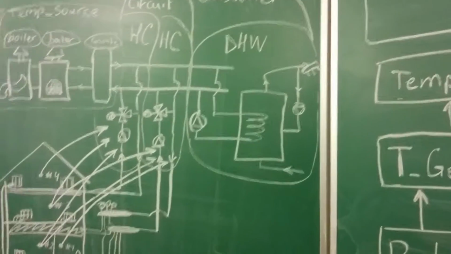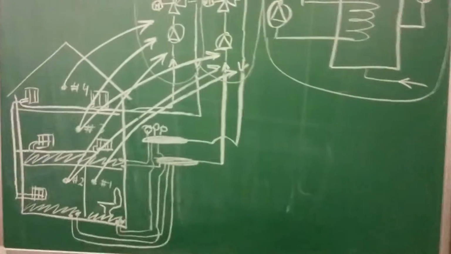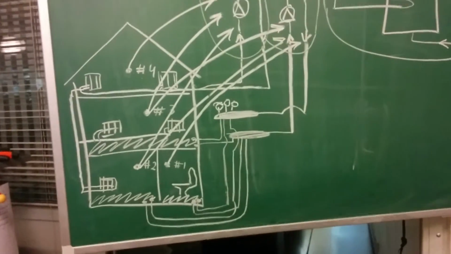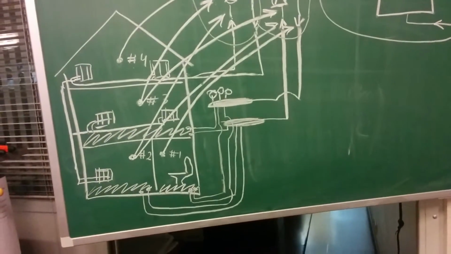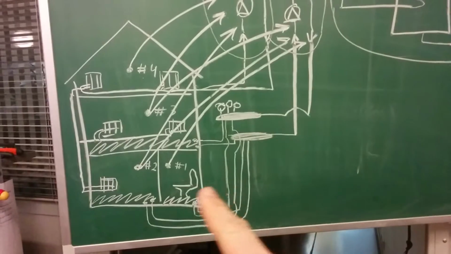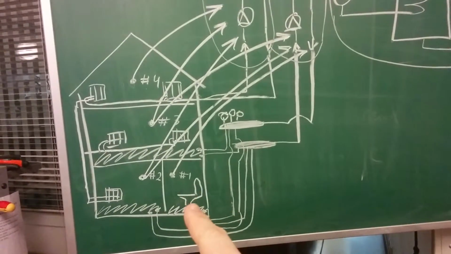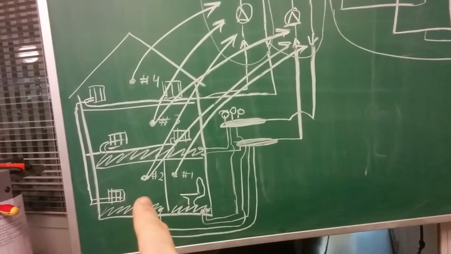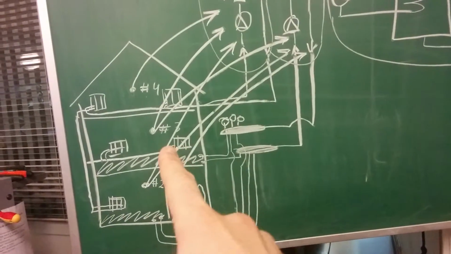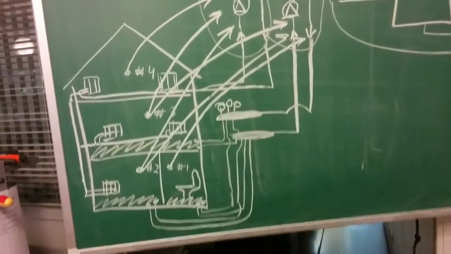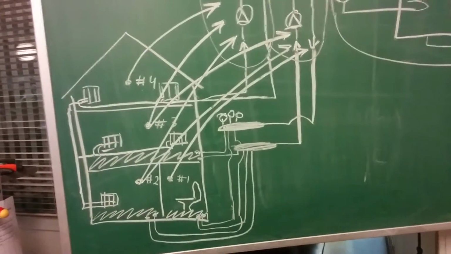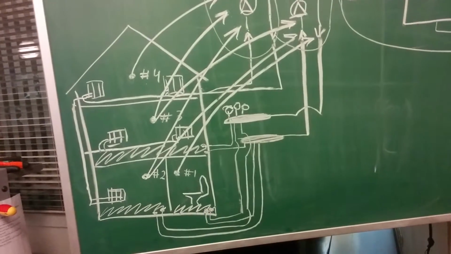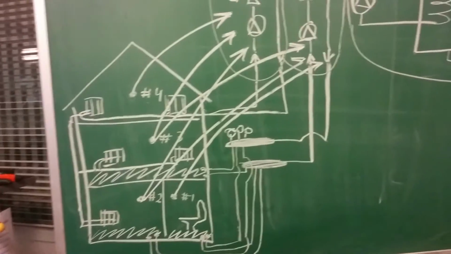Then, talking about single room control. Here is, for example, a typical house. And you can see here some rooms. For example, this is the bathroom, the first floor living room, the second floor living room, and the third floor. Here you can see that the bathroom is heated only by a warm floor, underfloor heating.